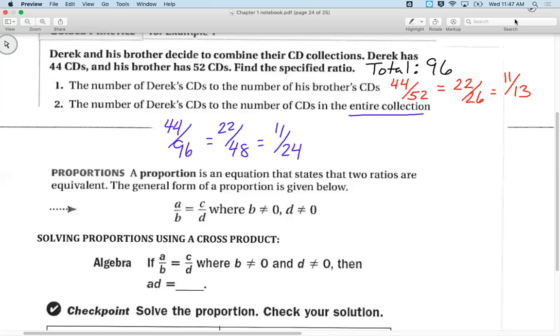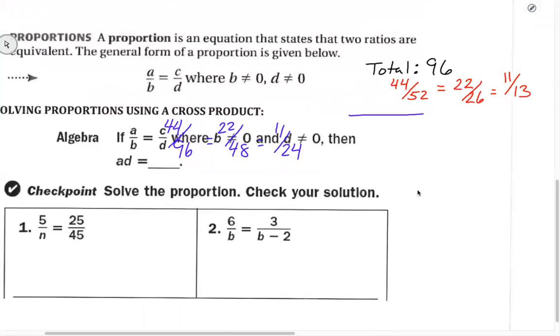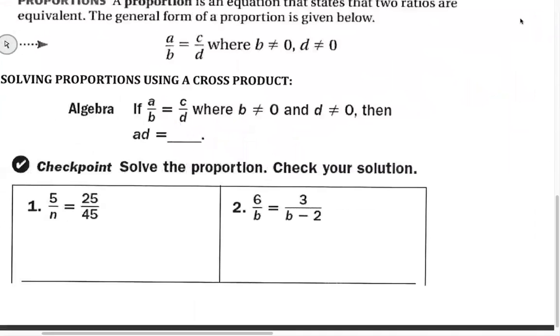So A over B equals C over D. And what this is saying is this. AD equals BC. So here's how we do it.